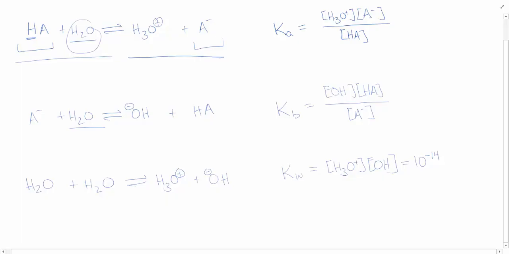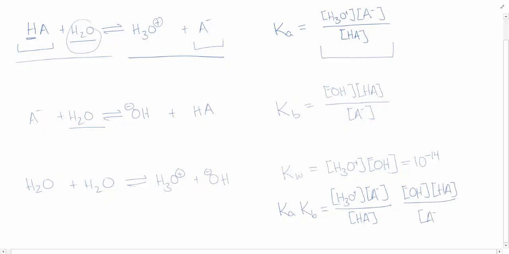You'll see that if we take Ka and multiply it by Kb, this is equal to, so I'm going to get the first bit from here, H3O plus times A minus over HA, and then I'm going to multiply by Kb, which is OH minus times the concentration of HA over the concentration of A minus.